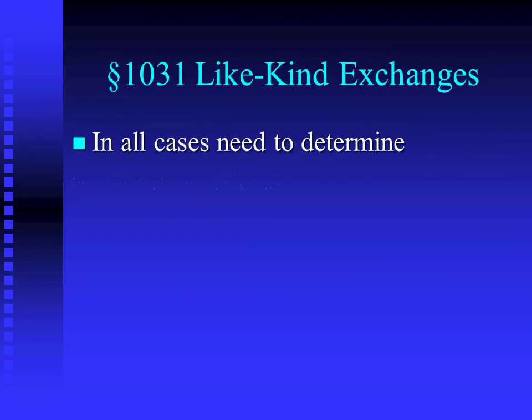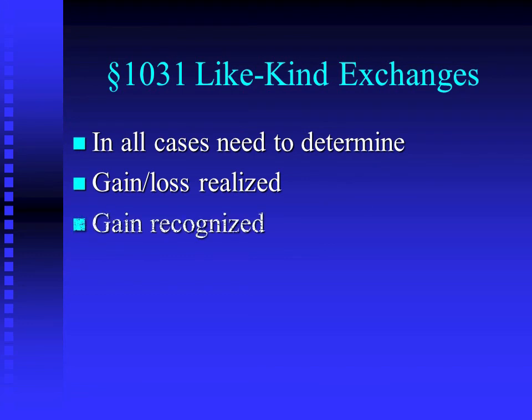So in all cases, you still have to figure out your gain or loss realized, right? Amount realized minus adjusted basis gives you gain or loss realized. Gains will be recognized if you have acquired boot, which we'll define in a minute. Losses are never recognized. So that means that we have two absolutes as we finish up the semester, right? In the last set of slides, a net 1231 loss is always ordinary, end of story.